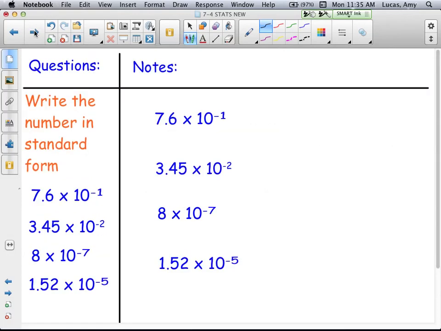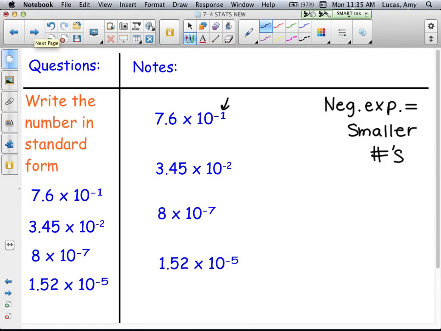All right, last but not least, we have our negative exponents. So negative exponents are the smaller numbers. Negative exponents, smaller numbers. So we are going to be moving our decimal point to the left to represent these numbers.